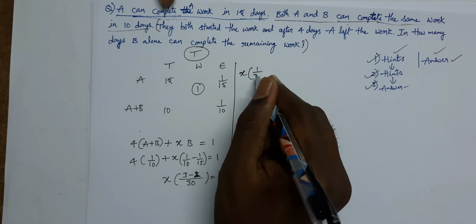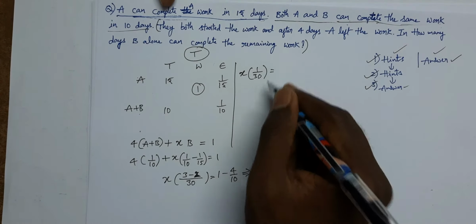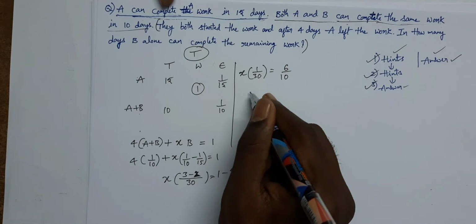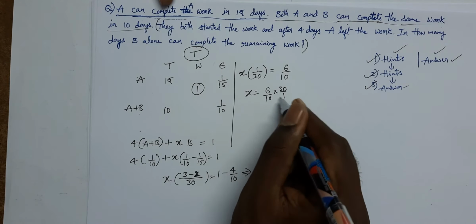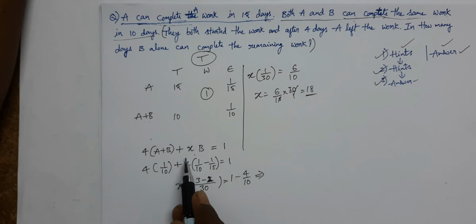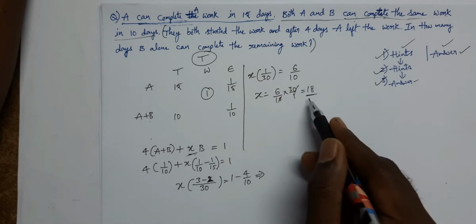X into (3 minus 2) by 30 equals 1 minus 4 by 10, which is 6 by 10. X equals 6 by 10 into 30 by 1, the zeros cancel, 18. After A left the work, B can complete the remaining work in 18 days.